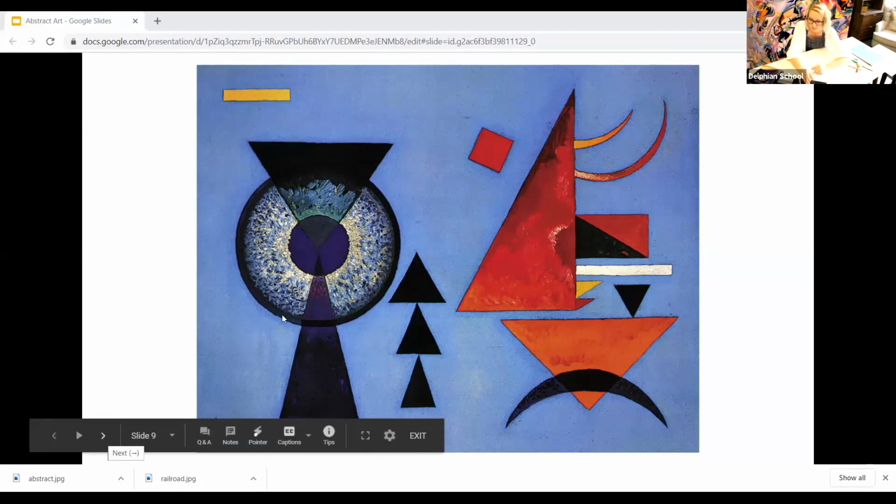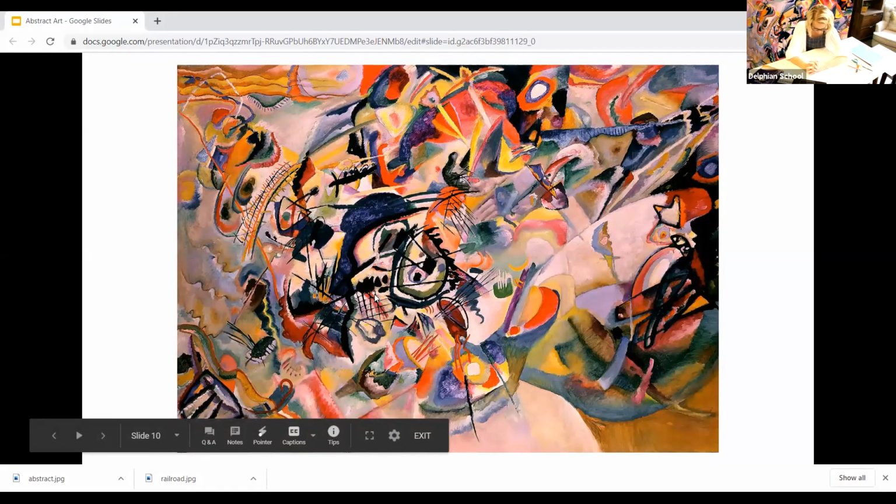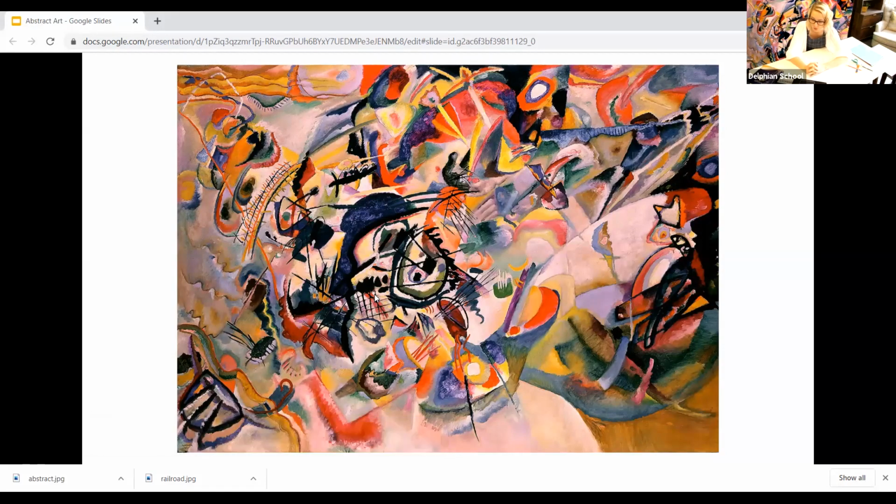So this is the final painting that we're going to look at before we get into our art project today. This painting is called Composition 7. And something interesting about this painting is that Kandinsky did 30 sketches in watercolors and oil paints on a small scale.